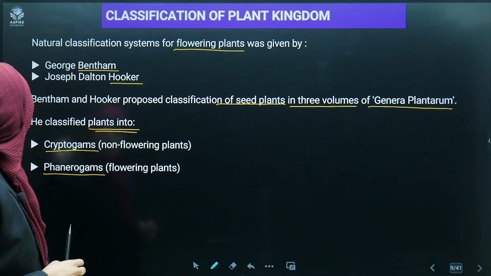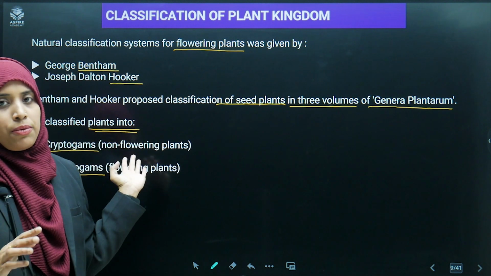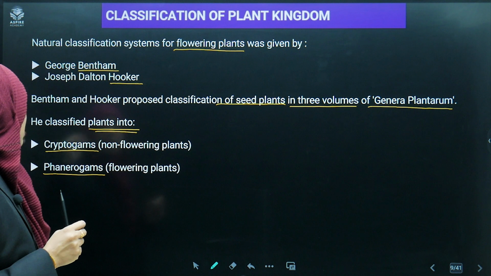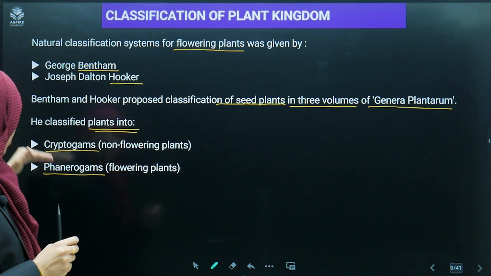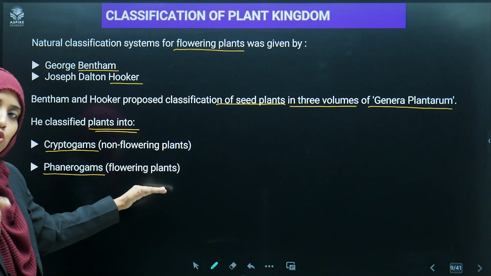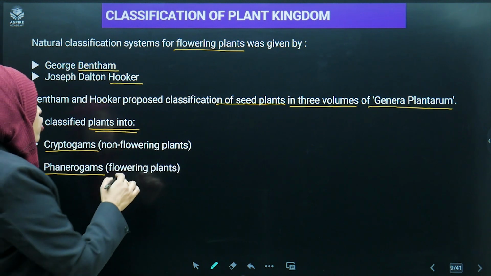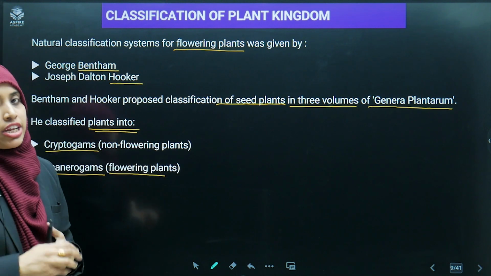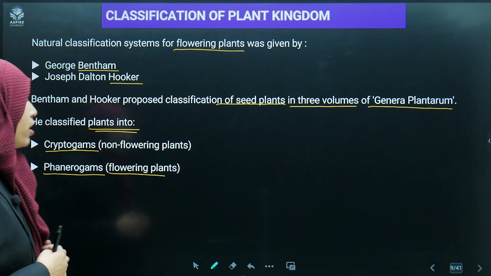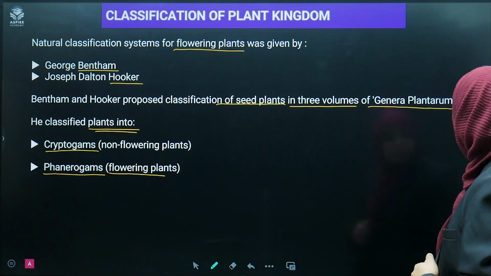Now we know cryptogams and phanerogams, the whole outline just we have seen. पूरे प्लांट किंगडम को जिस तरह से क्लासिफाई किया गया था, क्रिप्टो एंड फेनेरो। ओके, फेनेरोगैम्स में हमने क्या देखा, there is gymnosperm and angiosperms, they are the seeded plant, और simply we can say flowering plant। और क्रिप्टोगैम्स जो है नॉन फ्लावरिंग है, they are without seeds. Okay, so this was given by Bentham and Hooker.